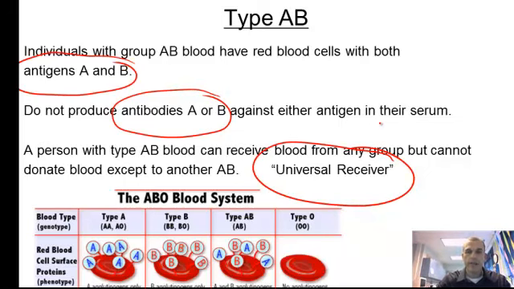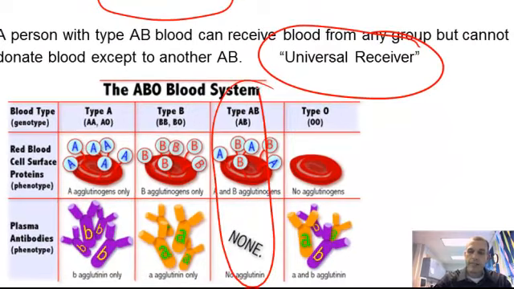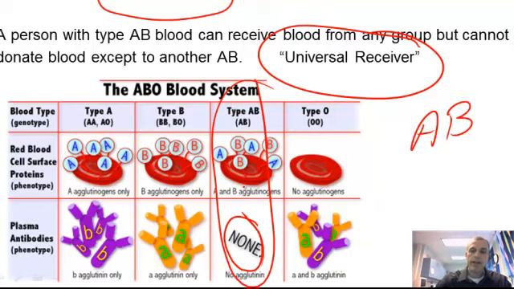You can get it from type A, type B, type O, or type AB. It's because your body does not produce these antibodies that are present. So genotypically, you are an AB person. You have antigens A and B, but no antibodies, and that's why you can get blood from anyone.